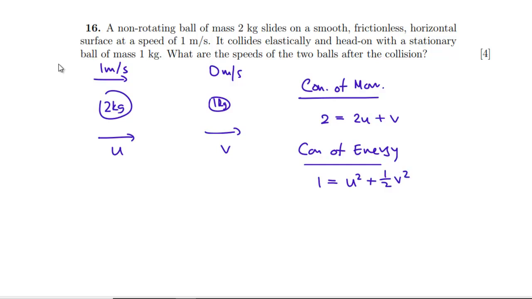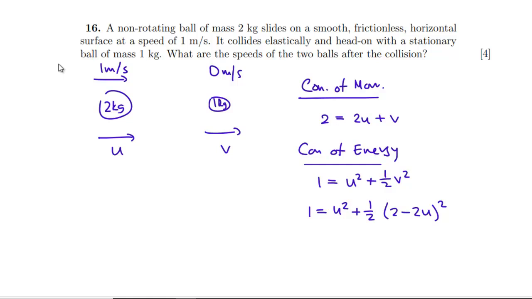So we've got these. Now let's get rid of v. So we've got 1 equals u squared plus a half of (2 minus 2u) squared.